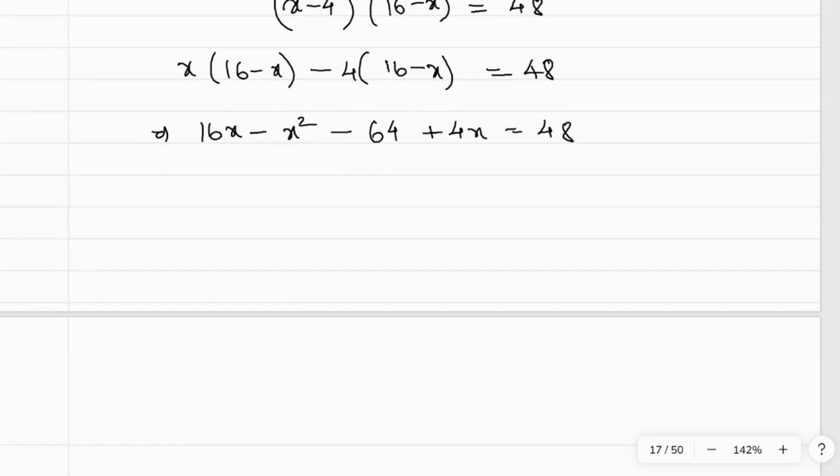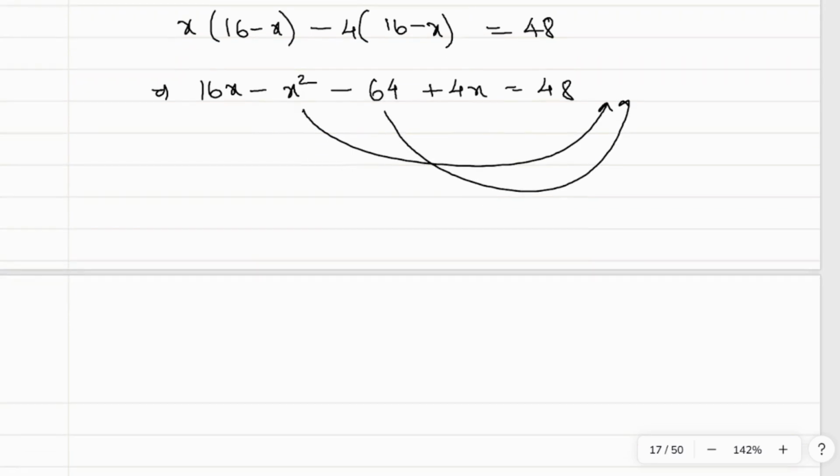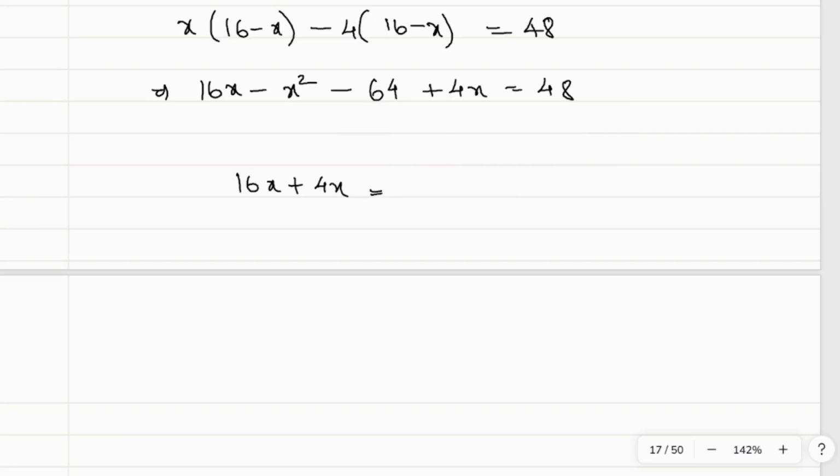Now what do I have to do? I need to take the x square to this side. I need to take 64 to this side. That is 16x plus 4x equals 48 plus, when the 64 goes to that side, what will happen? 48 plus 64 plus x square, right? What is 48 plus 64?